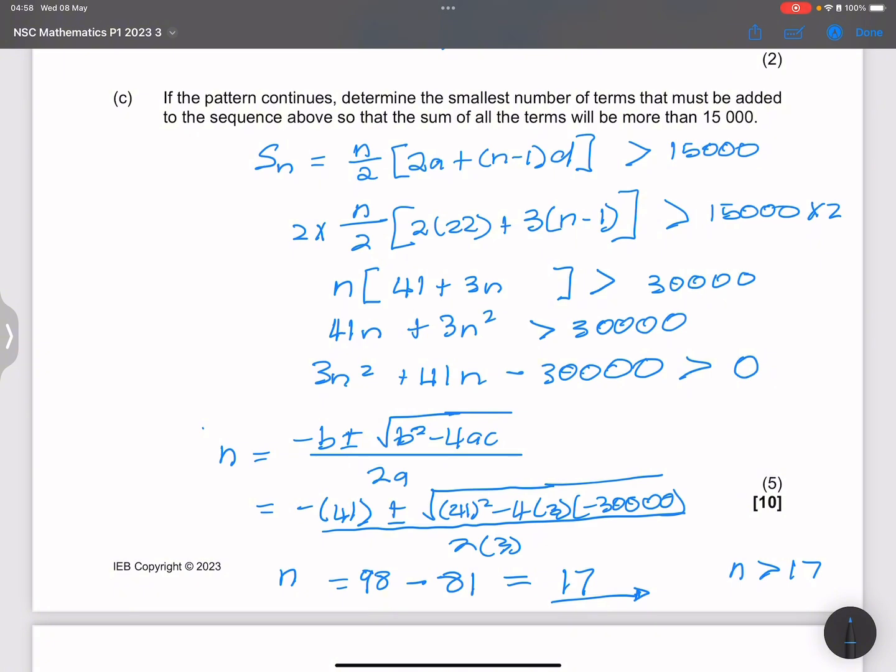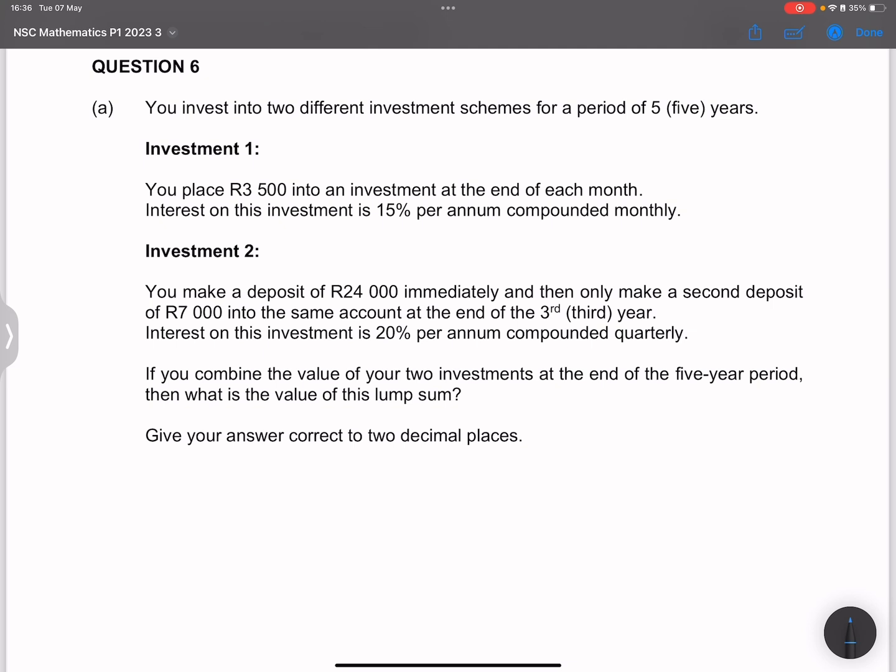Right, guys, that is really how we are going to answer that. Let's go right into the next question. Question 6 says you invest into 2 different investment schemes, that's on financial maths, for a period of 5 years. Investment 1, you place 3,500 into an investment at the end of each month, interest on this investment is 15% per annum, compounded monthly.